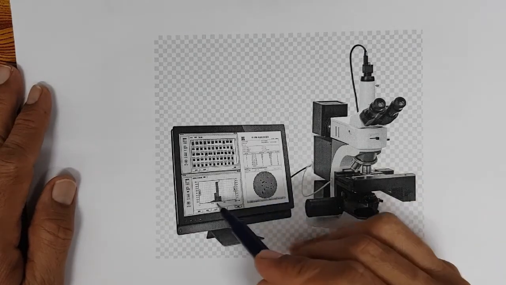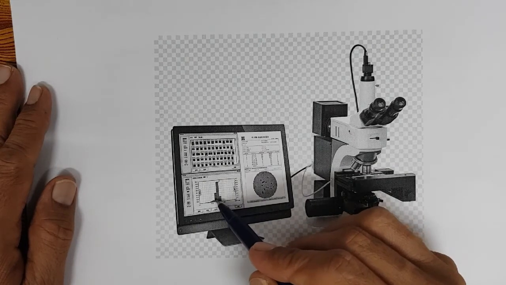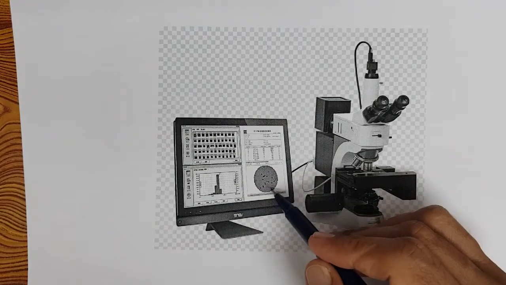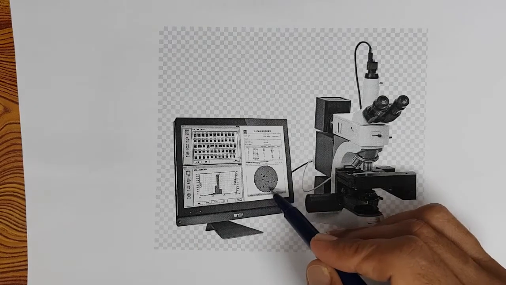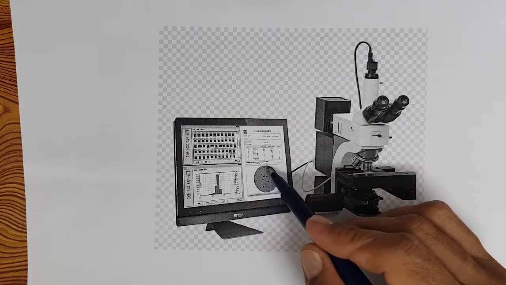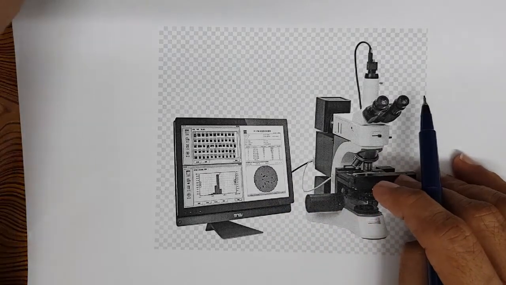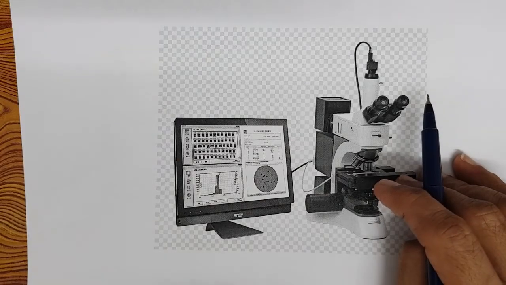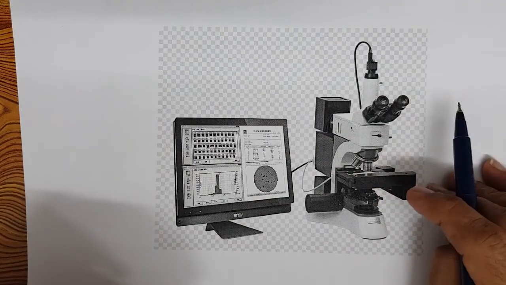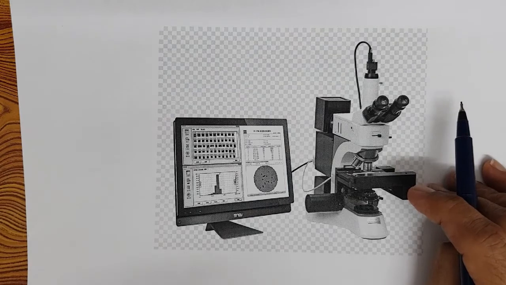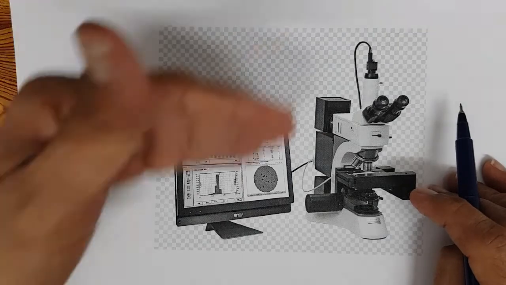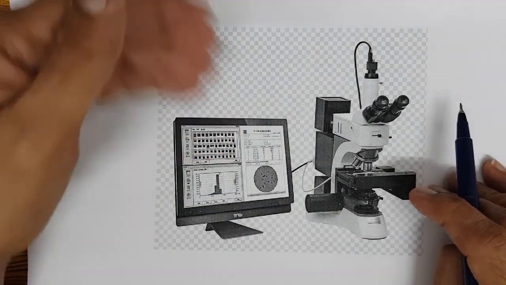See, for this particular thing, this is the particle size distribution. You can see the particle shape and you can analyze the size of the particles using this image, right? So from a manual measurement of the size, now with the image analyzer, you can take the image in the computer and using software you can get the particle size.